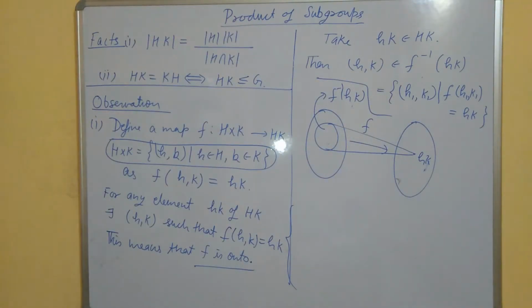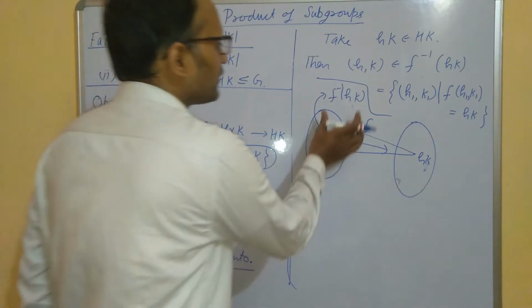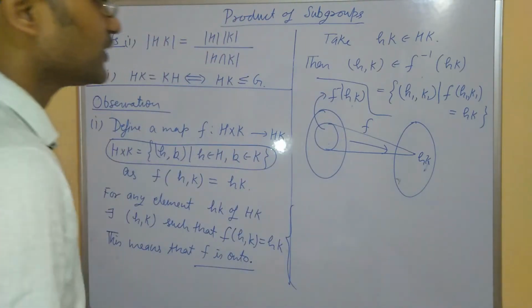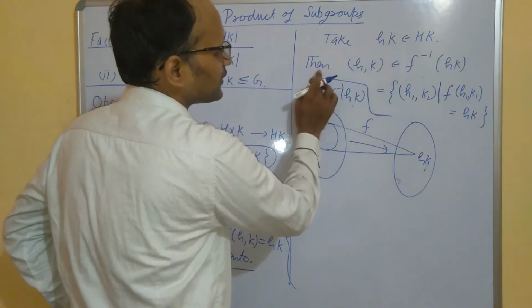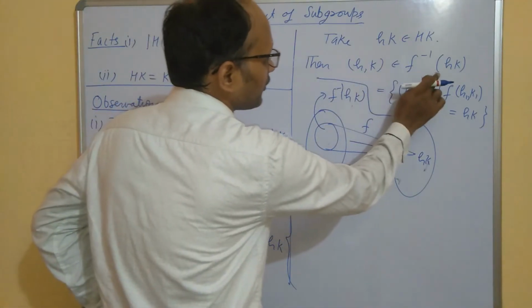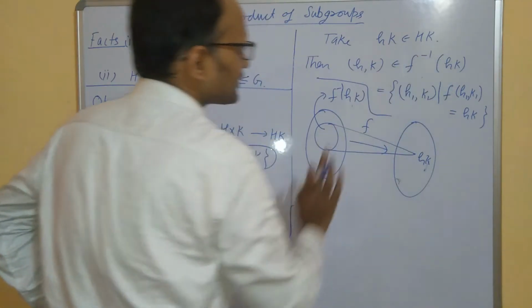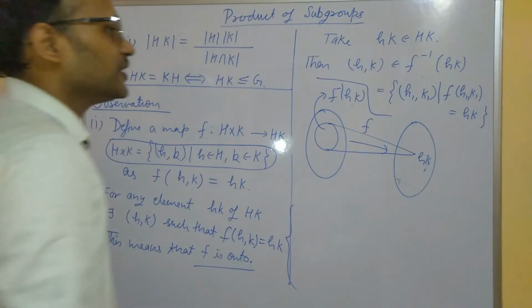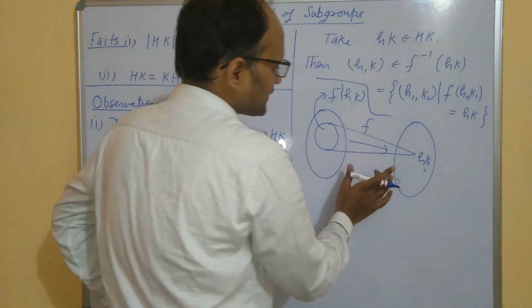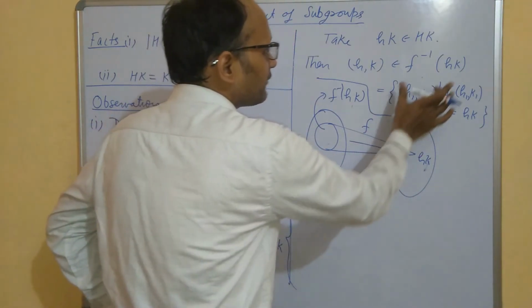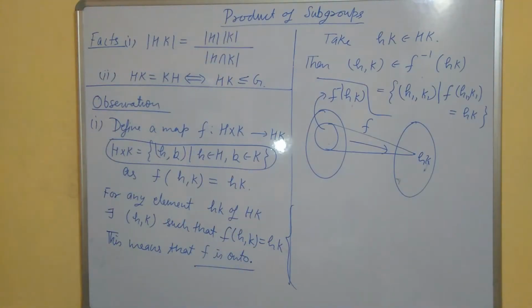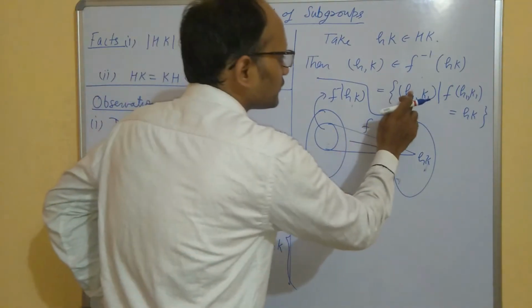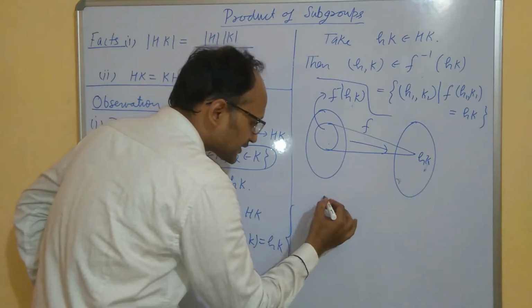So whether f is bijective or not, we can always talk about f inverse of hk. So this element belongs to f inverse of hk because its image is hk. If this map is injective, then f inverse of hk will have only one element. So let us check whether it is injective or not.